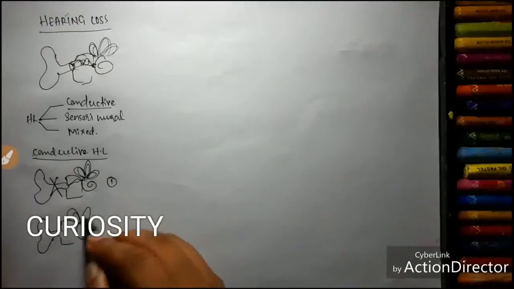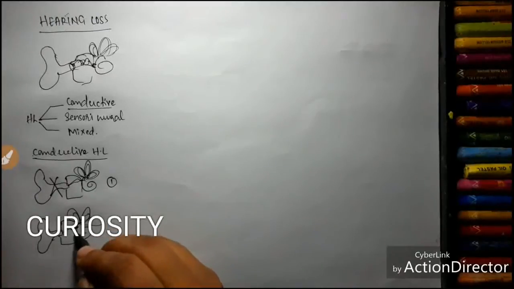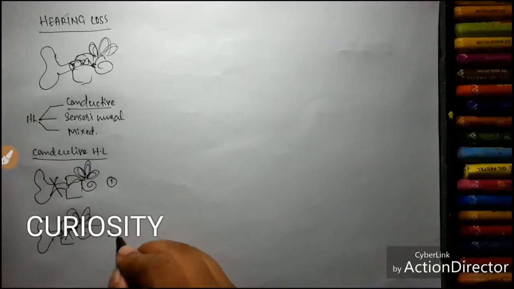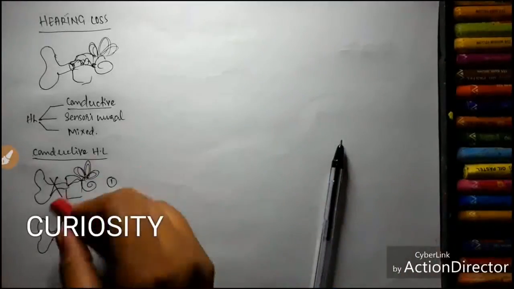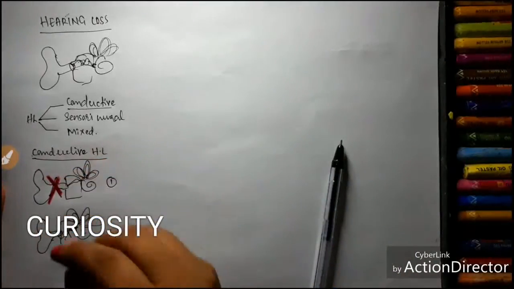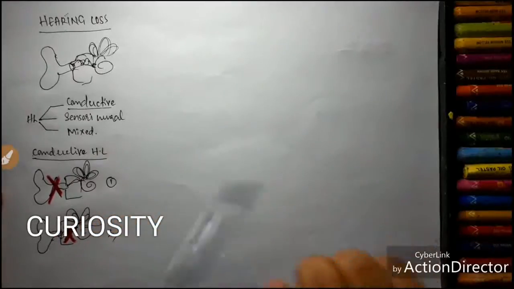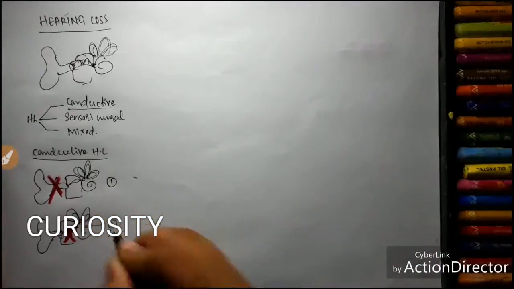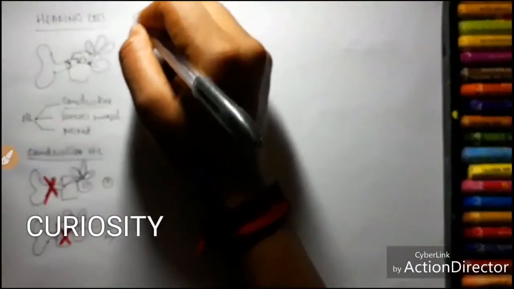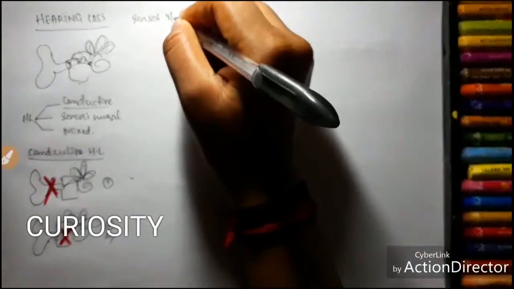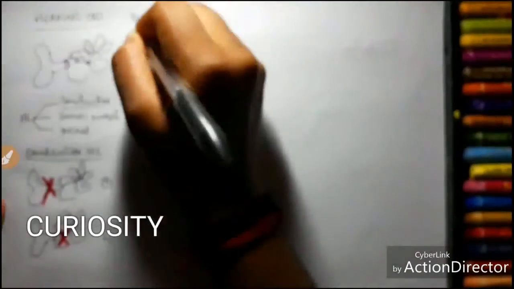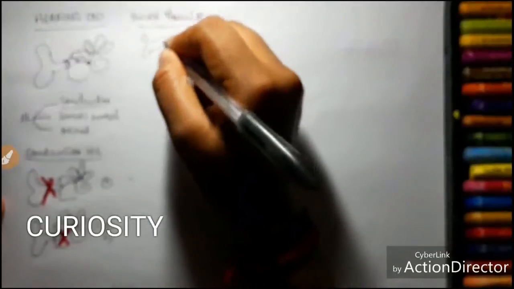The first is the outer ear being affected, and the second is the middle ear being affected. And it can be even the outer ear and the middle ear being affected.